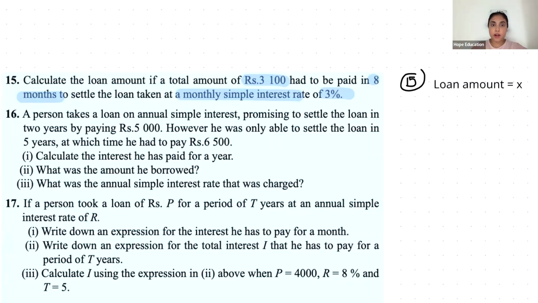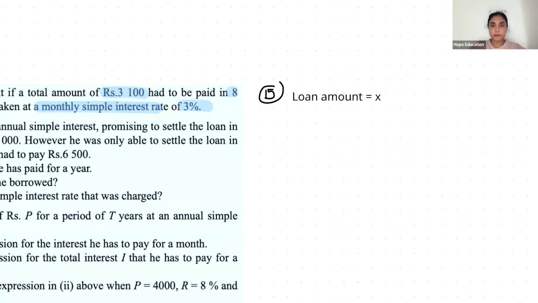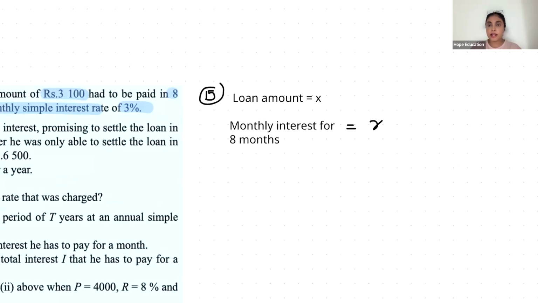And if the loan amount is X, what is the monthly interest? Monthly interest for 8 months. How do we calculate this? Loan amount is X. We multiply that by 3%. So not 8%, 3%, apologies.